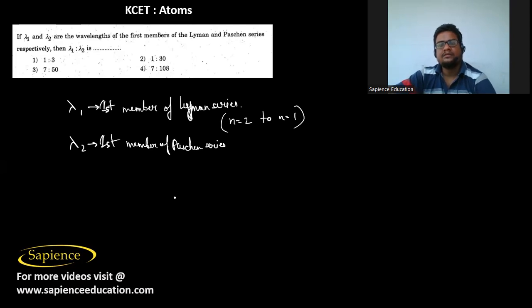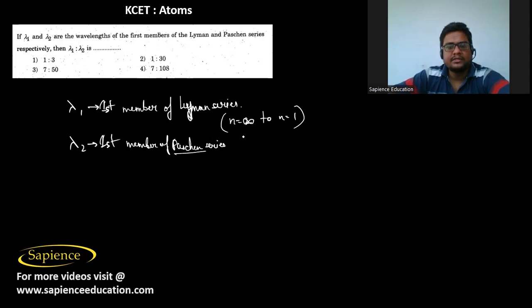Actually, the first wavelength, it means when the energy difference here will be least, the wavelength will be highest. So the minimum wavelength will come when the transition is from n equal to infinity to n equal to 1.